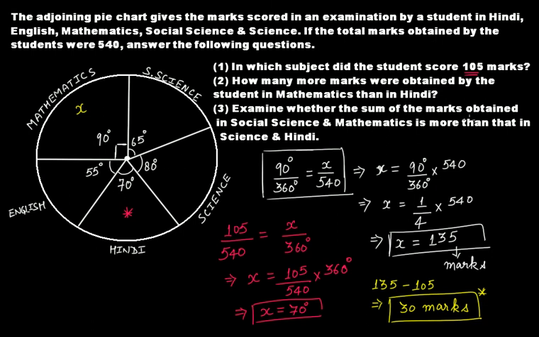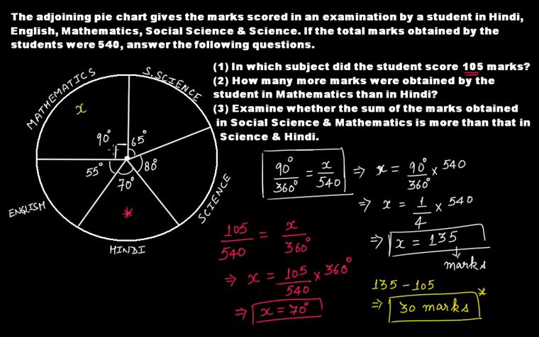No. You simply add the central angles together, because the greater the central angle, the greater the marks in that subject, or if you add two sectors, in those two subjects.